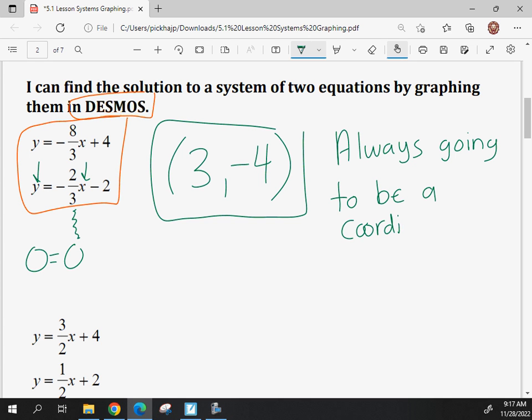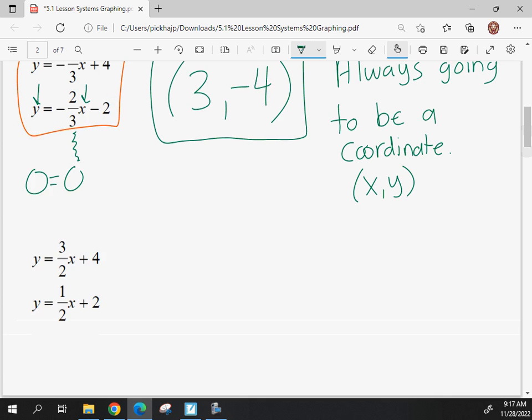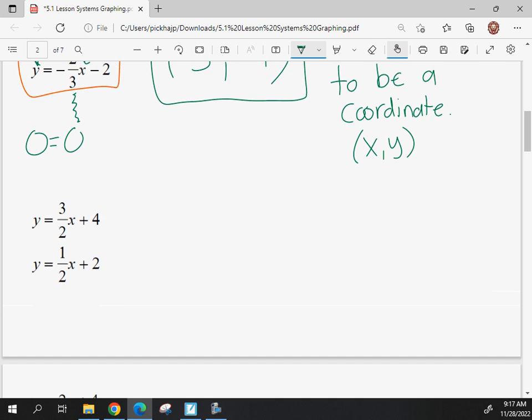So it's going to have an x and it's going to have a y. And if we want to solve a system of equations graphically, we can simply graph the lines and find out where they intersect. So let's take a minute to put these next two lines in.